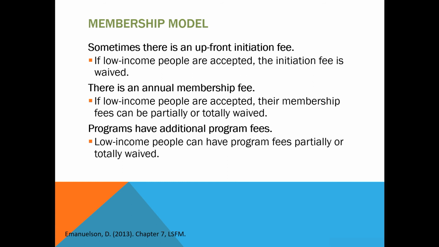But there could be an annual membership fee. Again, you can also waive that, partially or totally. And there can also be some programs that have additional program fees. So maybe there's a base membership and it goes up.